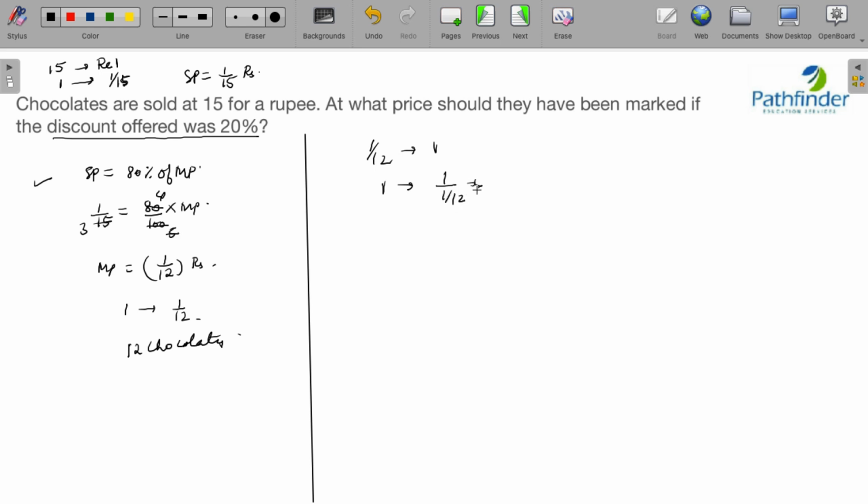So for 1 rupee, you will get 1 upon 1 by 12, which is equal to 12 chocolates. Please make sure that you understand how the correct answer here is 12 chocolates. So you mark them. The marked price here will be 12 chocolates for 1 rupee. This should be the answer.